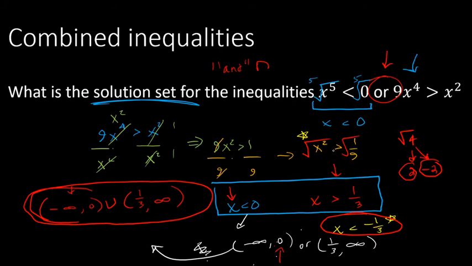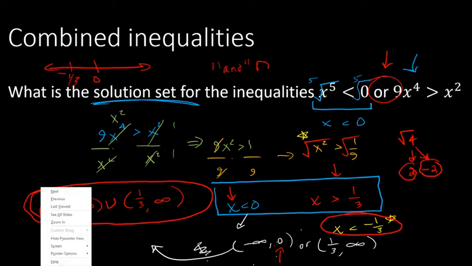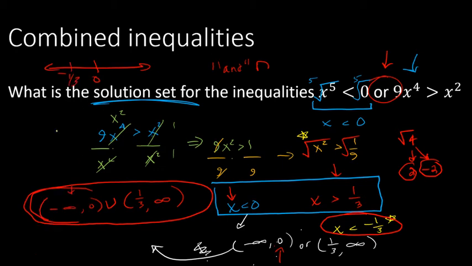If I look at a number line, and here's 0, negative 1/3 is over here. So again, if something is less than 0, it is obviously also going to be less than negative 1/3. Anyway, here is our solution set for this problem.